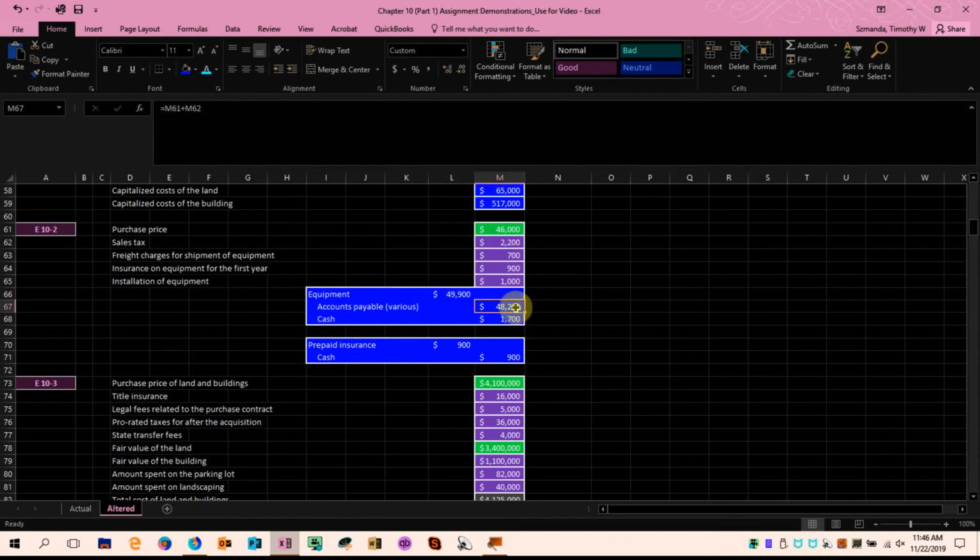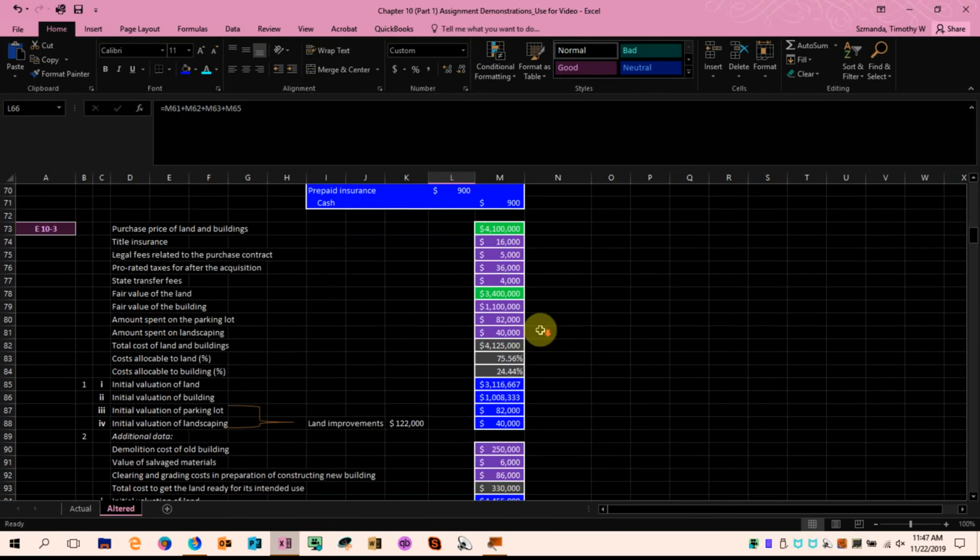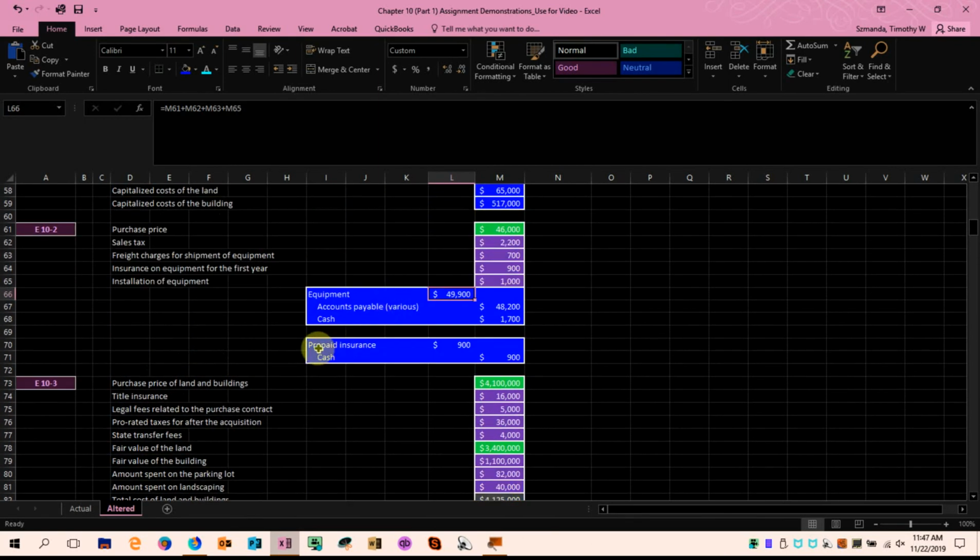The difference between the value of the equipment and the amount we're financing short term is the cash outlay of $1,700 using my numbers. I'd say the key on this one, exercise 10-2, is to make sure we bring in the right costs for the equipment. And as I listed before, that would include several items, including the purchase price, sales tax, freight, and then the installation of equipment charges.